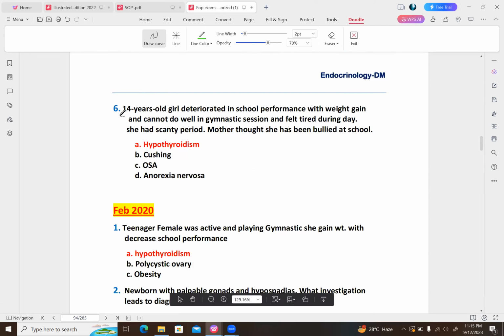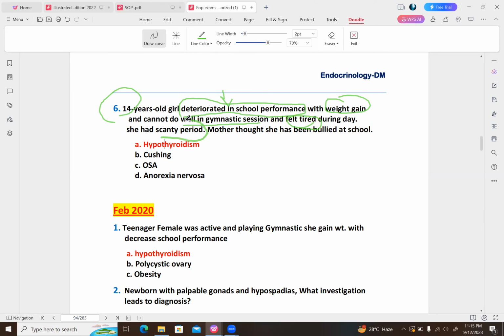This 14-year-old girl has deteriorated school performance. This is one point: decreased intelligence. Second, she is gaining weight. Third, she cannot do well in gymnastic sessions and she's feeling tired. Oligomenorrhea is another symptom. All symptoms go in favor of hypothyroid.